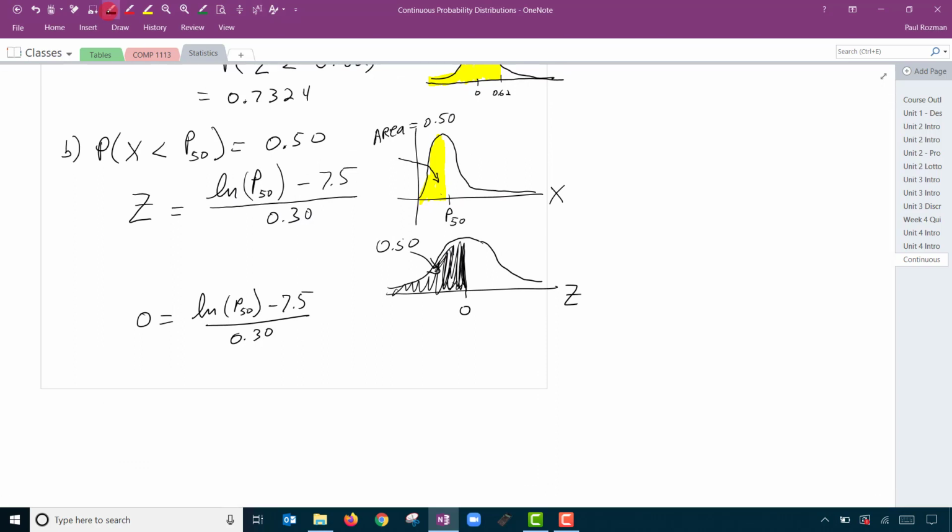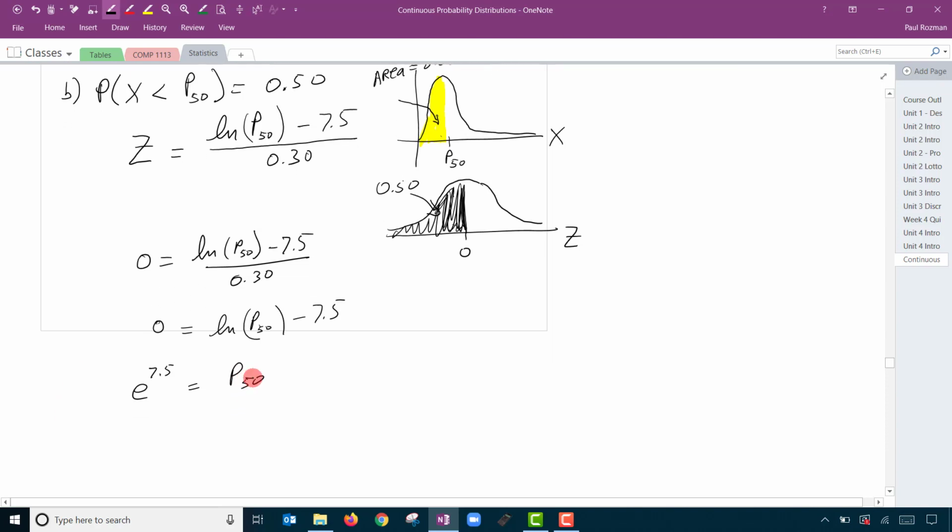Now we just solve this equation. 0 equals the natural log of the 50th percentile minus 7.5. So e raised to the 7.5 equals the 50th percentile. I get 1808 equals the 50th percentile.